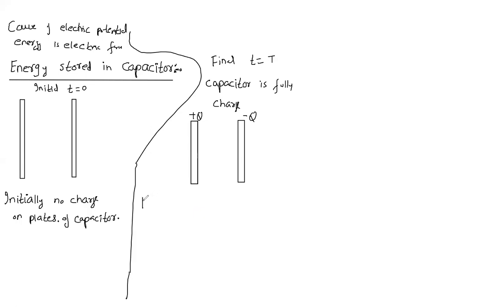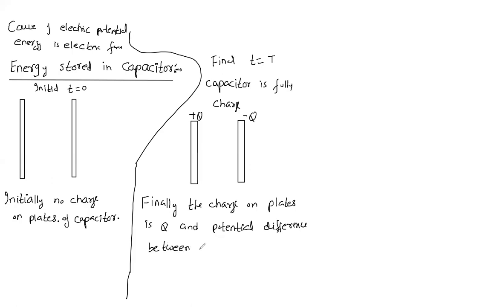Finally, the charge on the plates of the capacitor is Q, and the potential difference between the plates is V. This is the final stage.